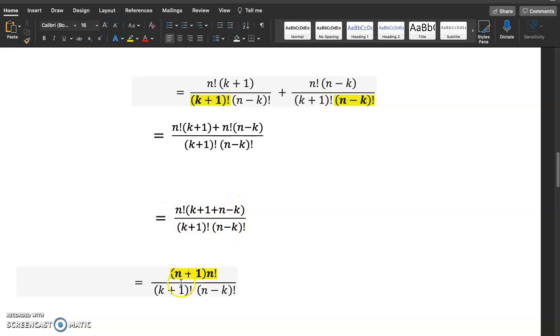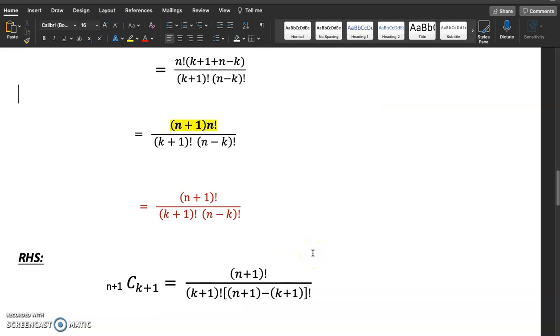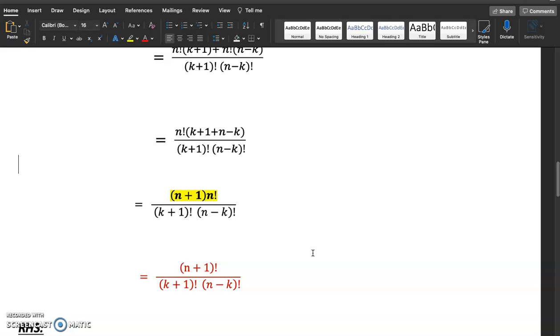So we are left with n plus 1 times n factorial over the k plus 1 factorial times n minus k factorial. But what is n plus 1 times n factorial? That is the same as n plus 1 factorial right here. So we are left with n plus 1 factorial over k plus 1 factorial times n minus k factorial.